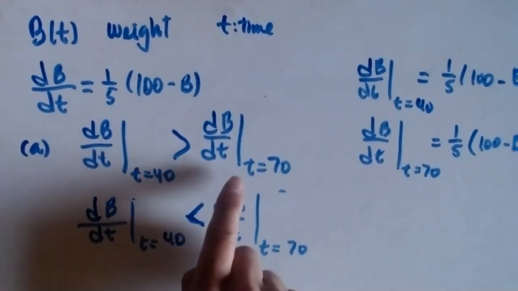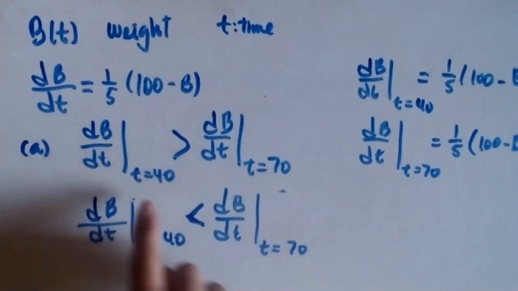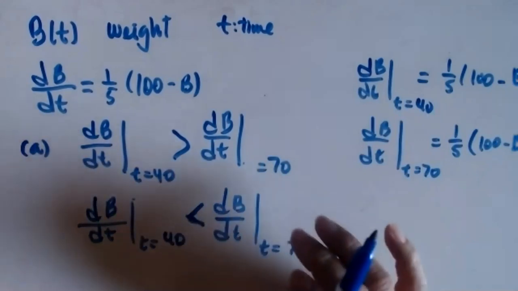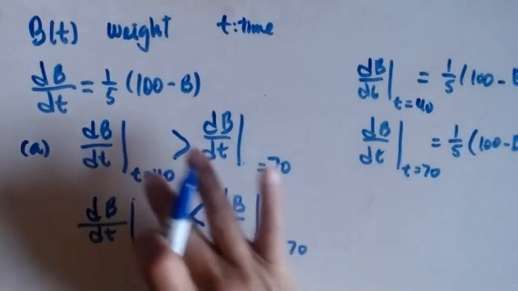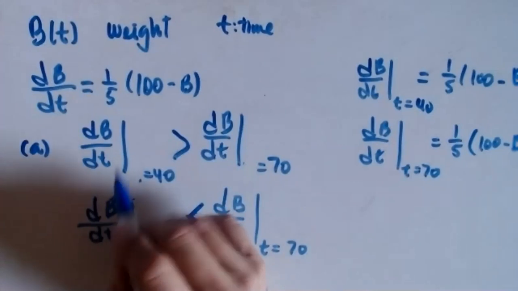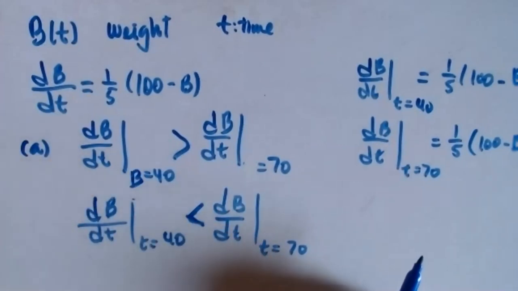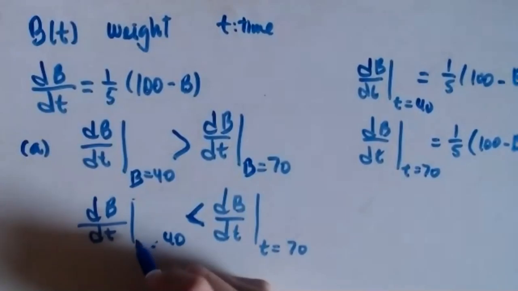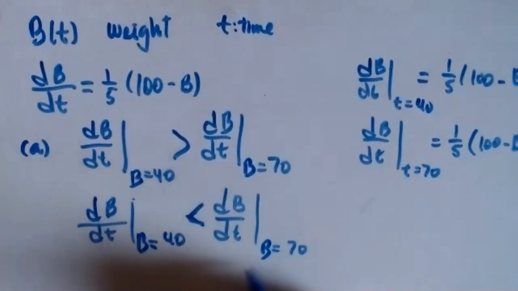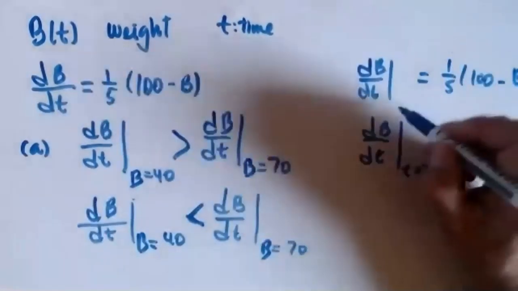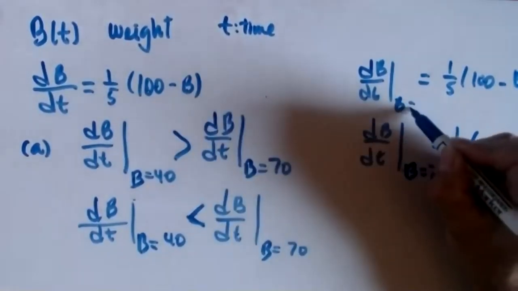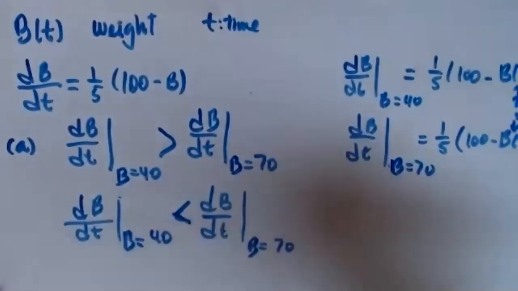You have to know at what time. B is the weight in grams at time t. This is B, and this is B: B equals 70 and B equals 40.